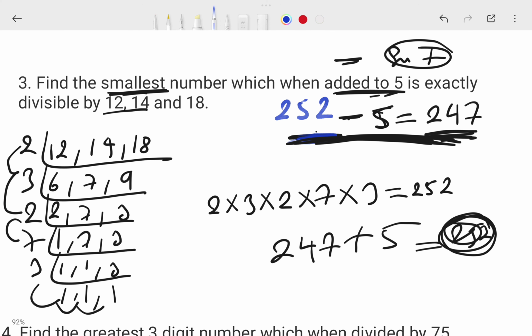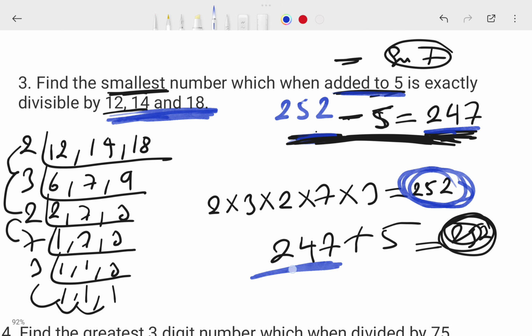This question is telling us to add 5 to the number so that it is exactly divisible by these. So I took the common multiple, which is 252. From this common number, I subtracted 5 to get 247. So what is the smallest number I take? I take 247 as the smallest number.